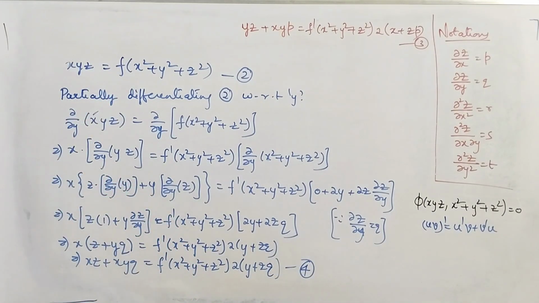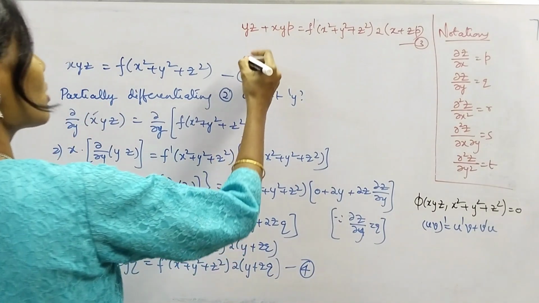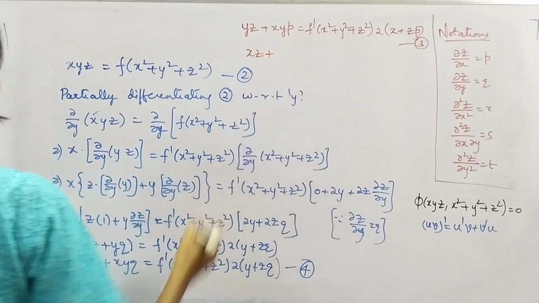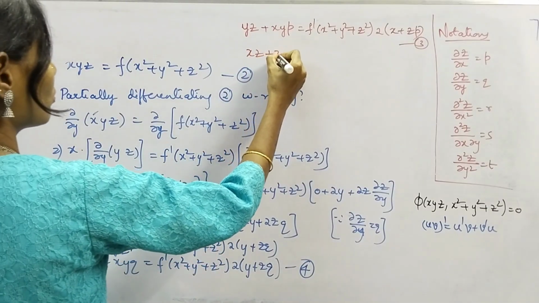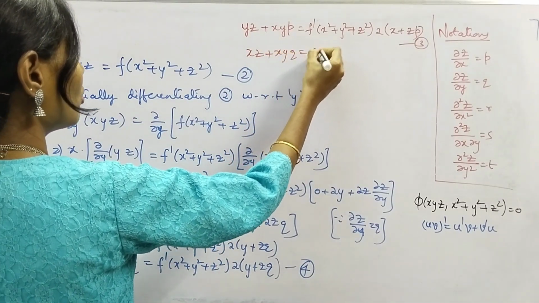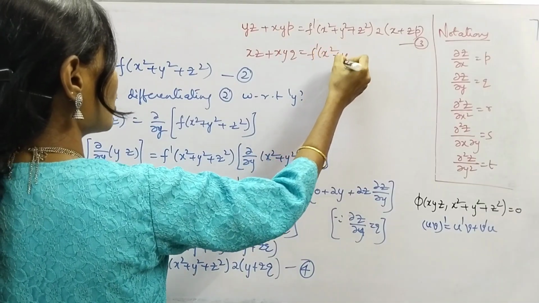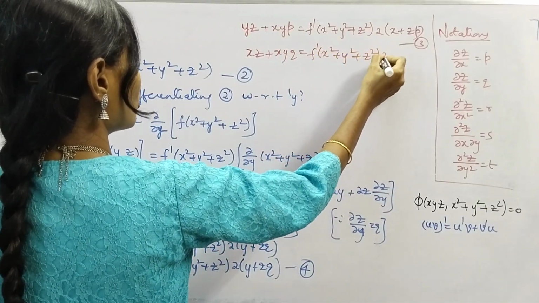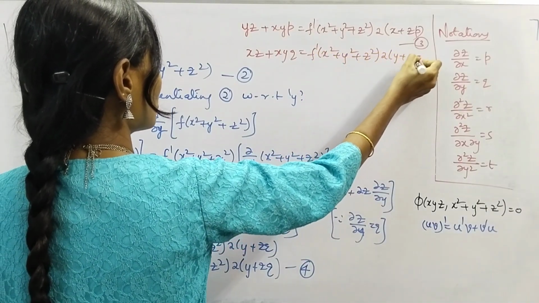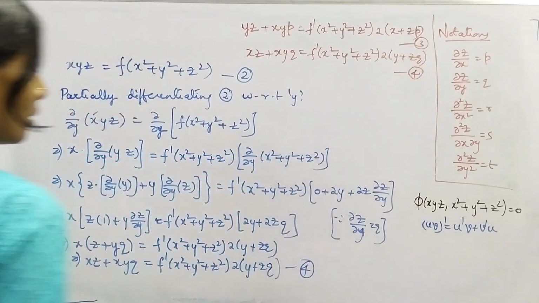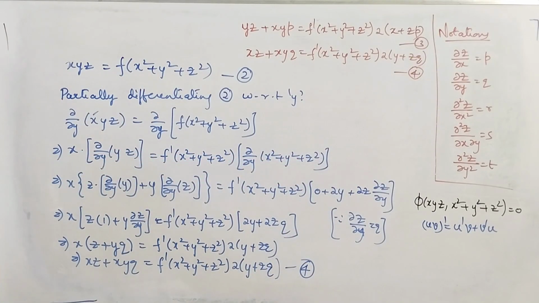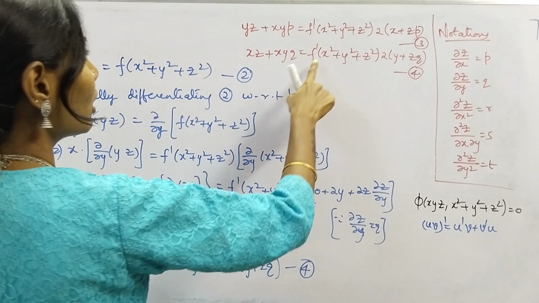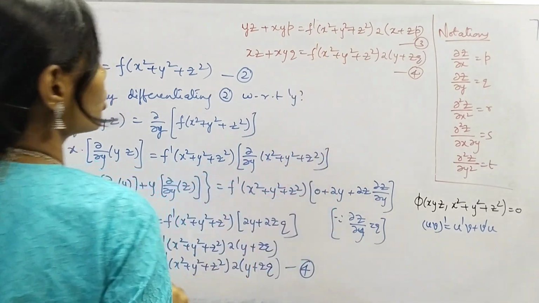We have equation 4, that is xz plus xyq equal to f dash of x square plus y square plus z square into 2 times (y plus zq). Now observe equations 3 and 4. Using 3 by 4 we can eliminate f dash.